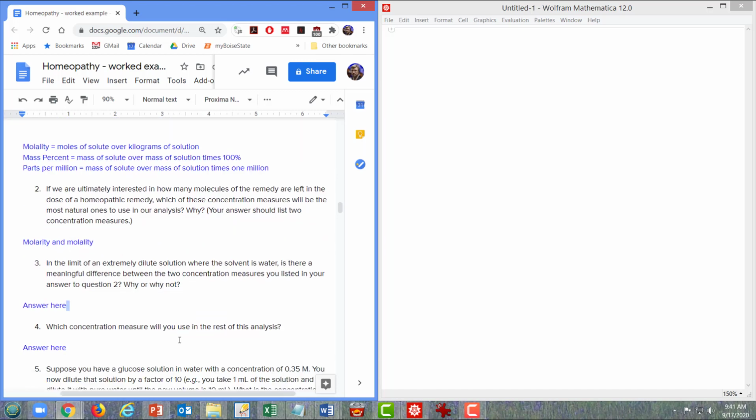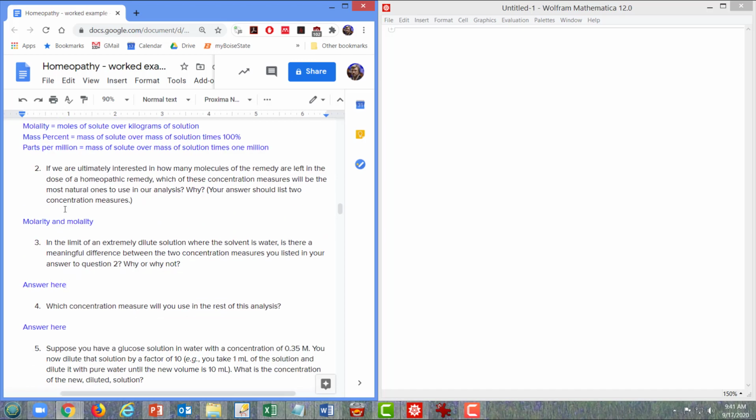In the limit of extreme dilution, where the solvent is water, is there a meaningful difference between these 2? Well, in the limit of extreme dilution, the amount of solution is nearly identical to the amount of solvent because there's almost no solute. Secondly, the solvent is water, so a liter is equal to a kilogram.